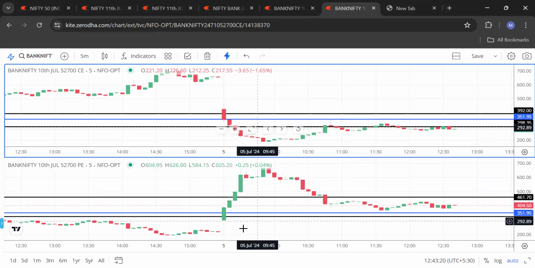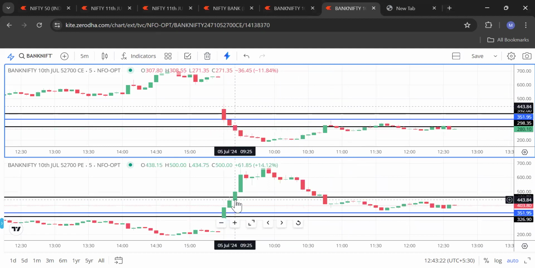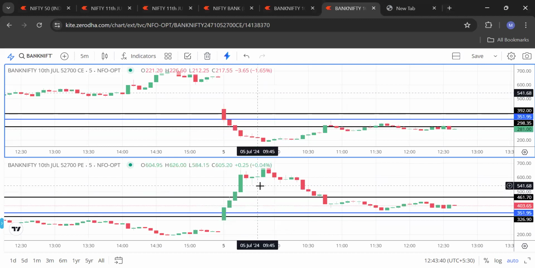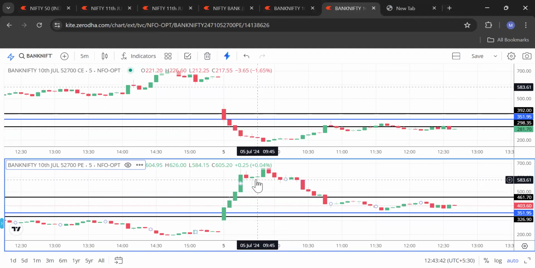So you see, your target shall be from this upper line, 461.7 plus 26.11%. It is 582.24. The first target was 582.24.